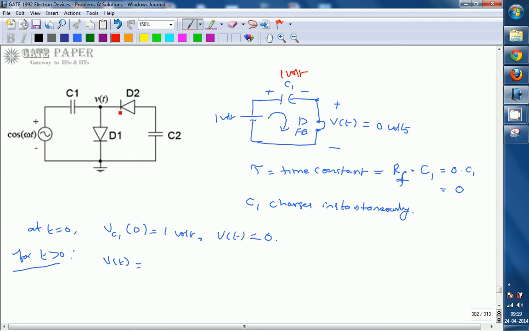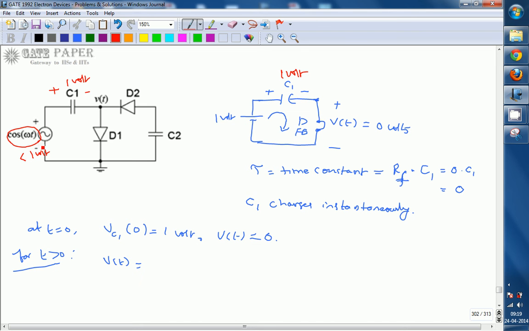At t is equal to 0, the capacitor has charged towards 1 volt, and whatever the cos omega t value is, it is always going to be less than 1 volt, or at most it may be equal to 1 volt for the next positive peak. For the next cycle starting point it will become 1.